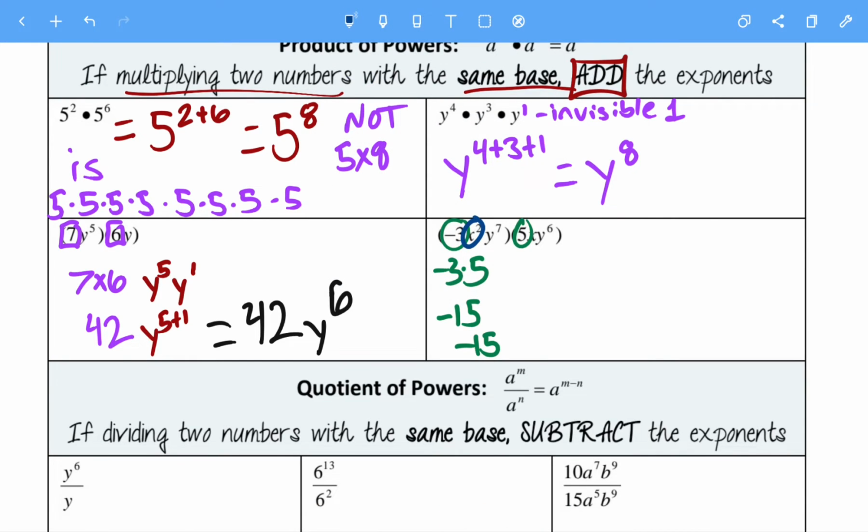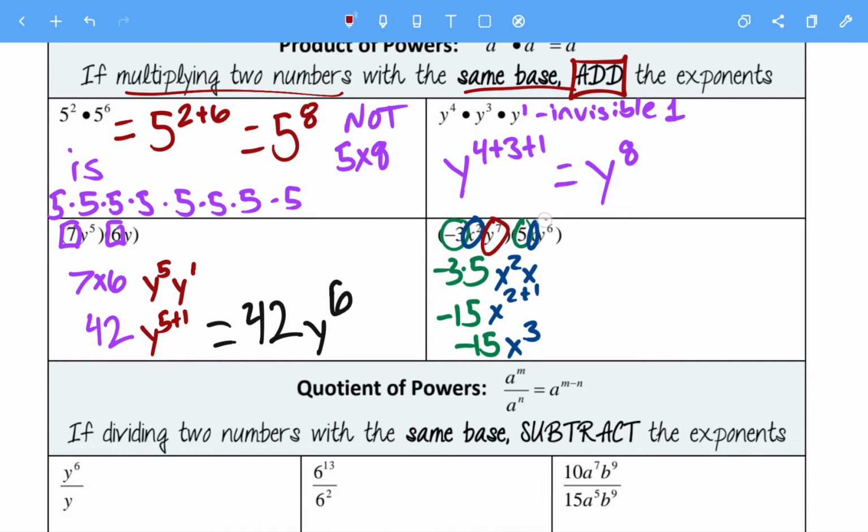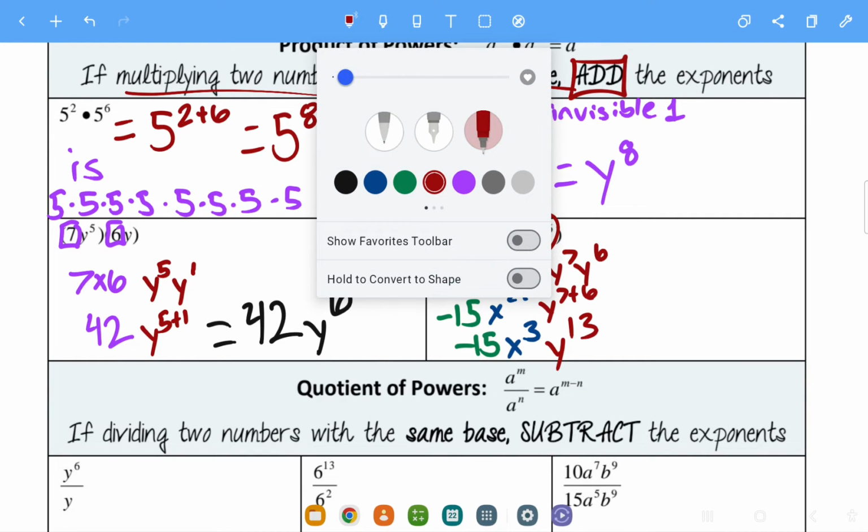Then we're going to tackle our x's, which is x to the second times x, which is x to the 2 plus 1, which is x to the third. And last but not least, we have y to the 7th and y to the 6th, which is the same as y to the 7 plus 6, which is y to the 13th. And we are done.